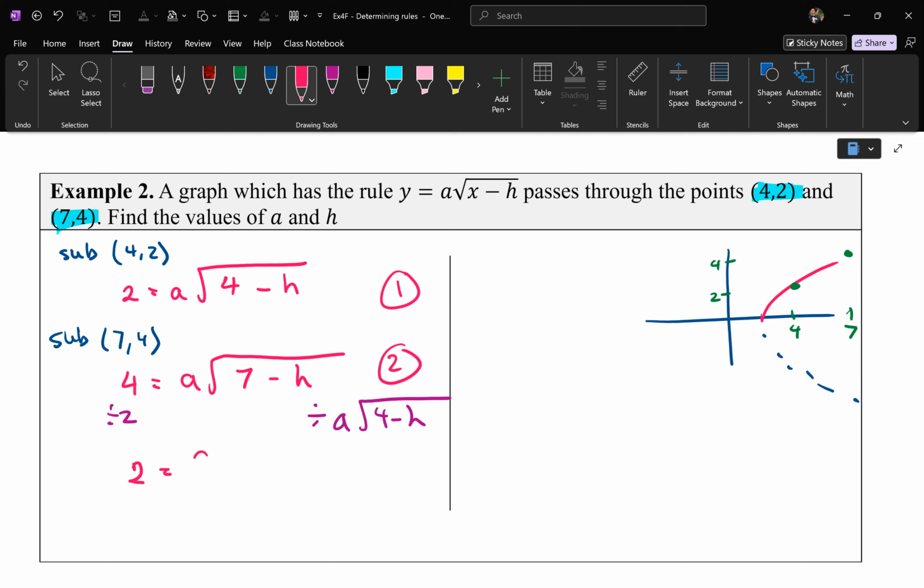Your question is, how do you do the square root of 7 minus h divided by the square root of 4 minus h? Does anyone see something special? Why did I divide? There's a reason why I chose to divide. I can get them all in one equation, but there's something even better than that.